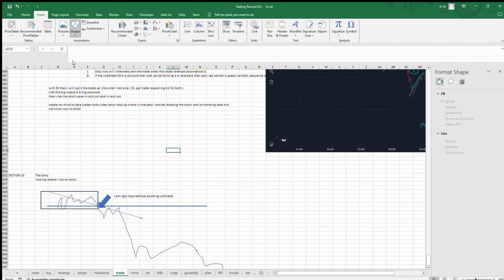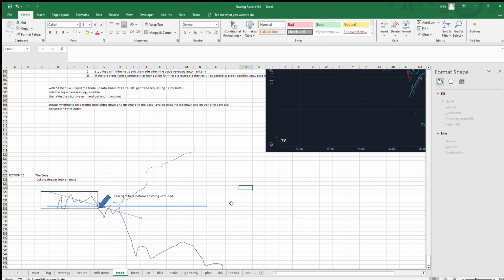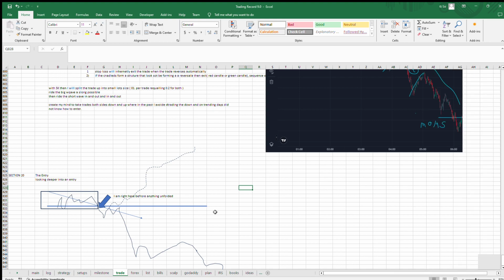Sometimes it will bounce back and then do this. Sometimes it does that, but in most cases, what I need to do is look at it and substantiate the fact that it's going to follow. In most cases, that's how it's going to be, and I have to try to trade accordingly.